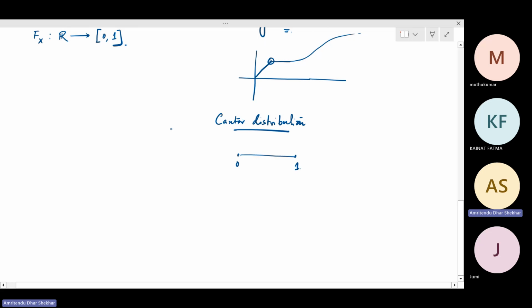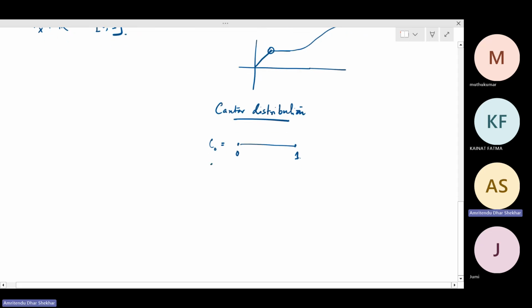You call this set C0, right? For C1, you remove the middle one-third portion of the set. So from 1/3 to 2/3, you remove that part. So this is [0, 1/3] and [2/3, 1]. Okay, so this is C1.